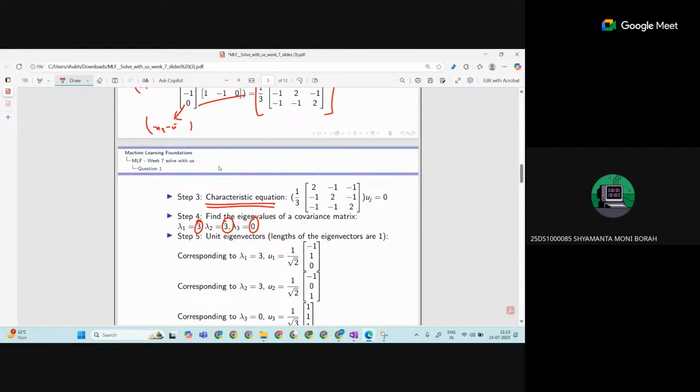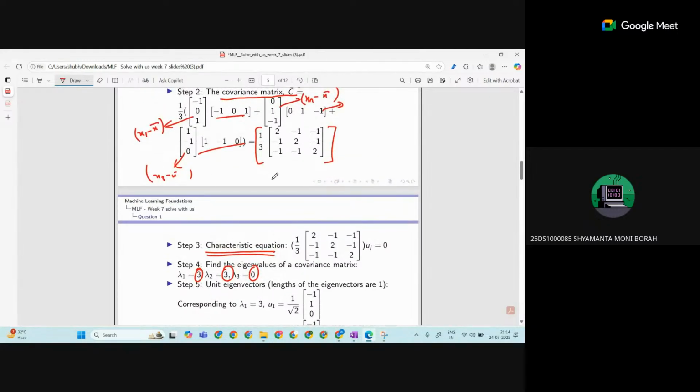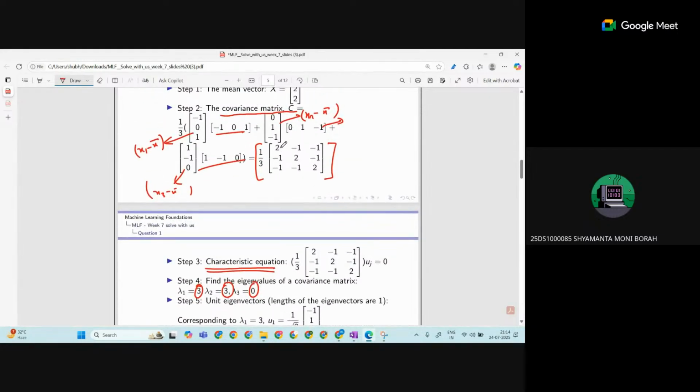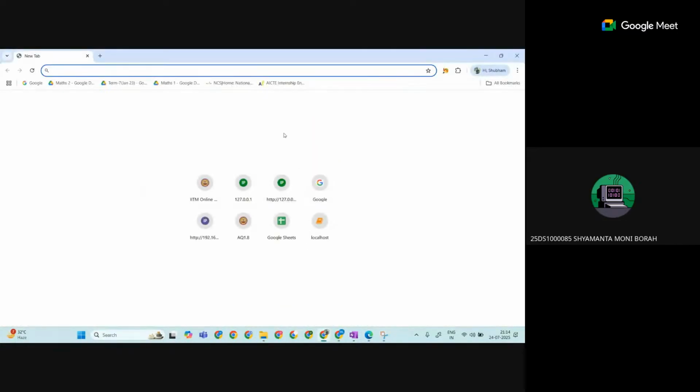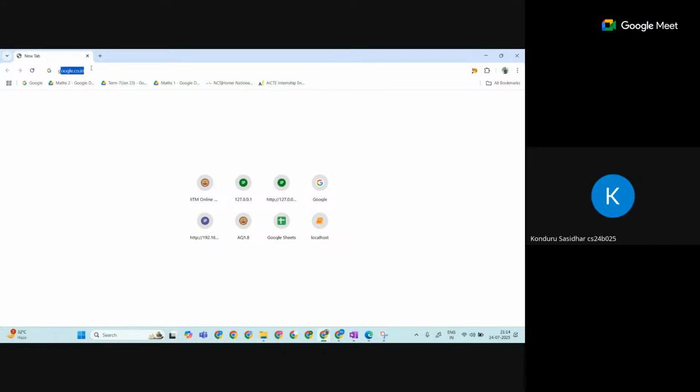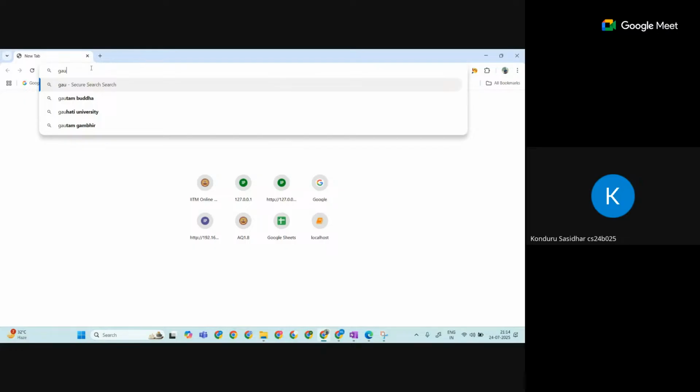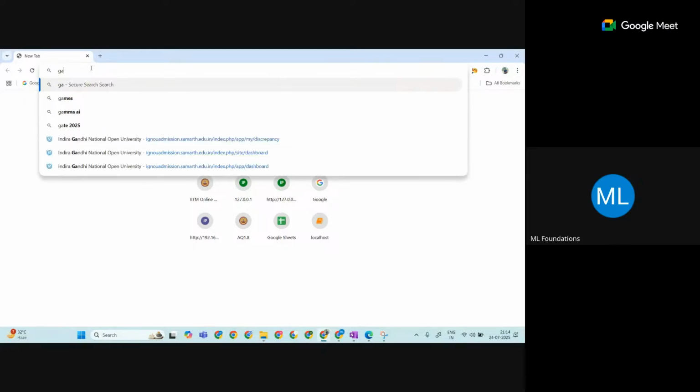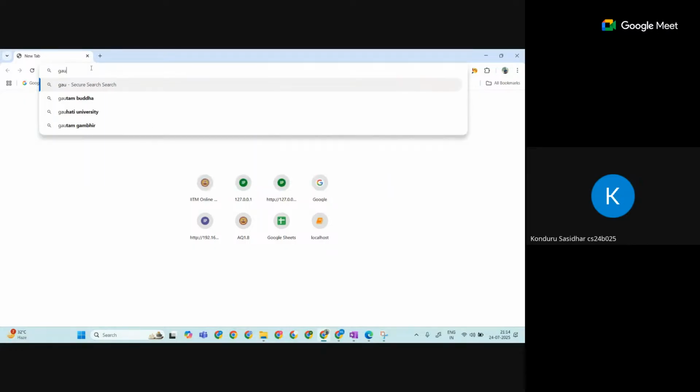How? Because, sir, it will become 2/3 minus lambda, right? 2/3 minus lambda, 2/3 minus lambda. I don't know how, I'm getting 5/3 two times, and minus 4/3 once. Sir, even the trace is not the sum of eigenvalues. They have to be 1, 1, 0.